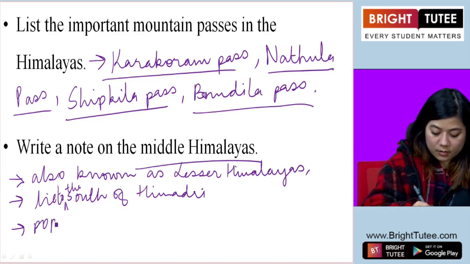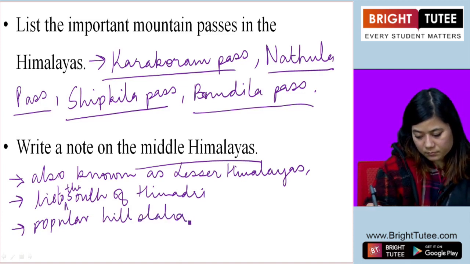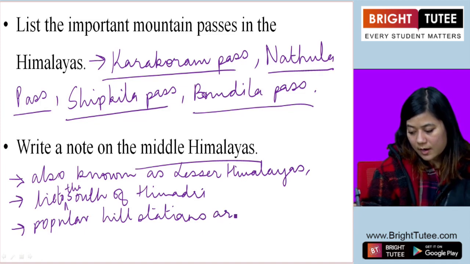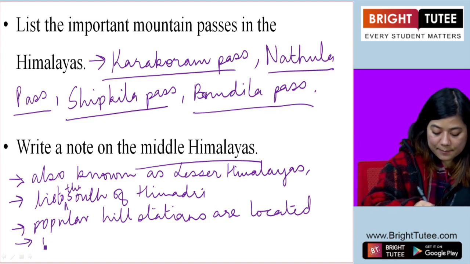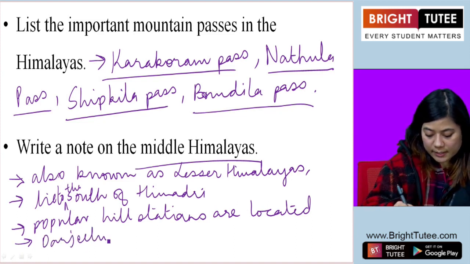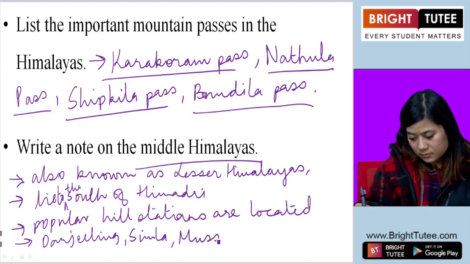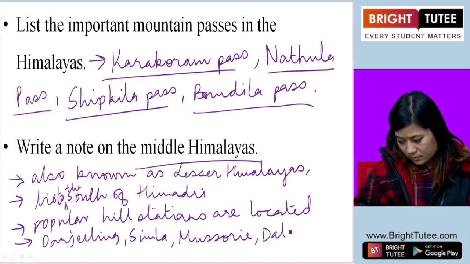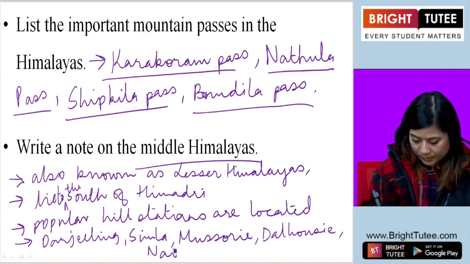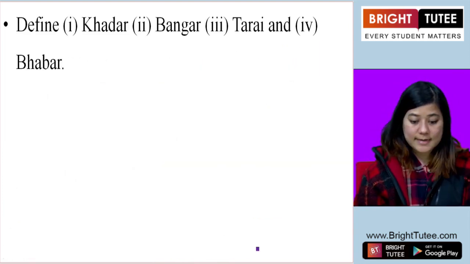Here popular hill stations are located. Example, Darjeeling, Shimla, Mussoorie, Dalhousie, Nainital, etc. Alright.